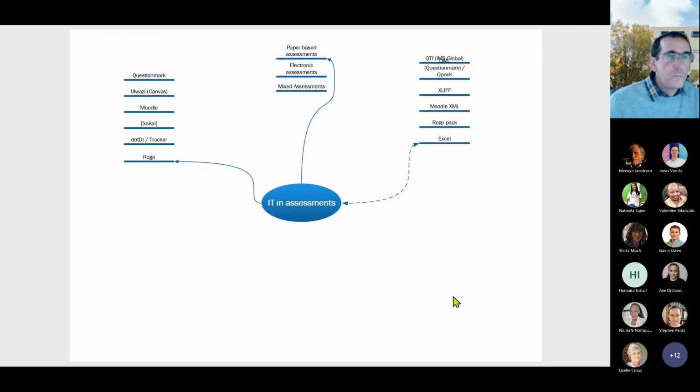So the first part of it is the actual delivery of the assessment itself. And the reality is if you look at something like .doctor, where the examination itself is done on a clinical basis, but it's tracked by a digital method.